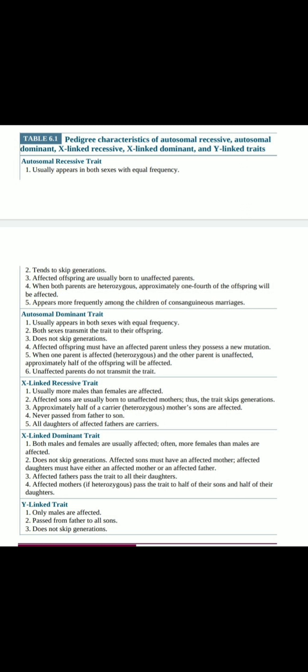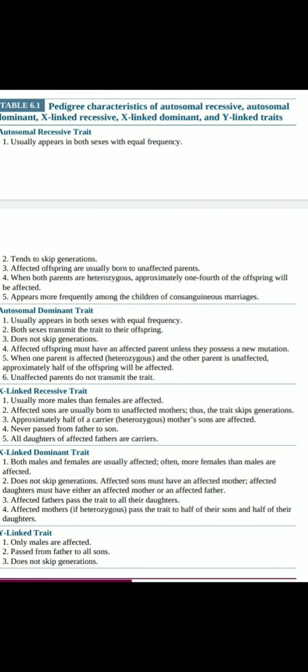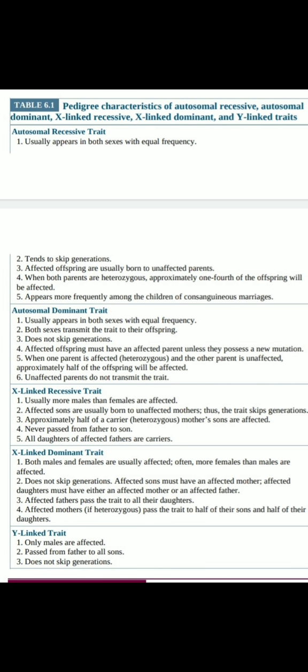When both the parents are heterozygous, approximately 1/4 of the offspring will be affected. Heterozygous means capital A and small a.